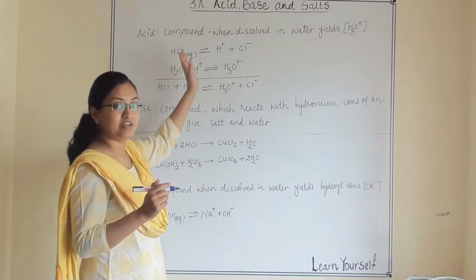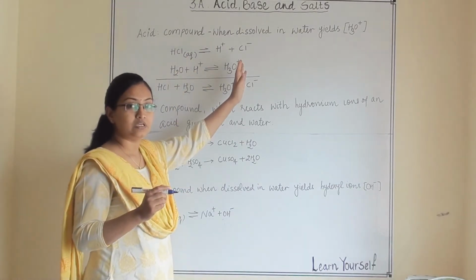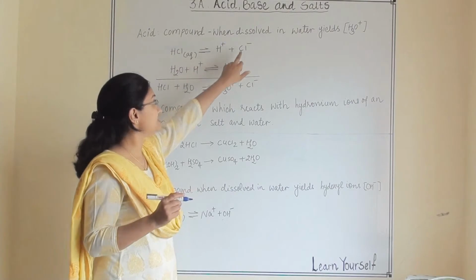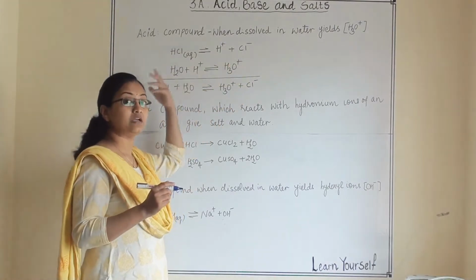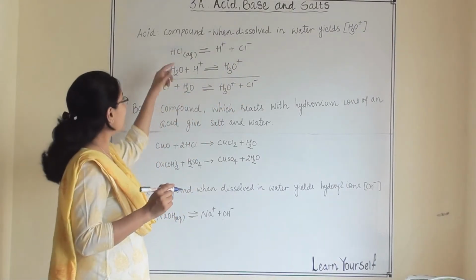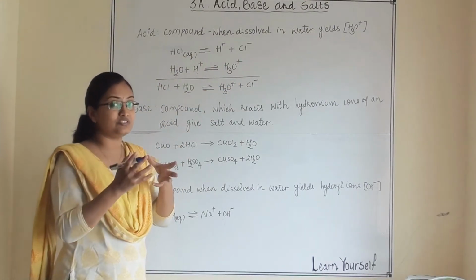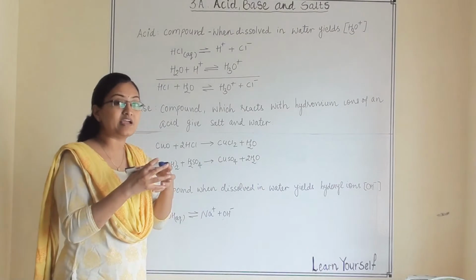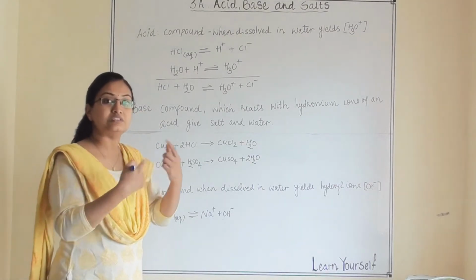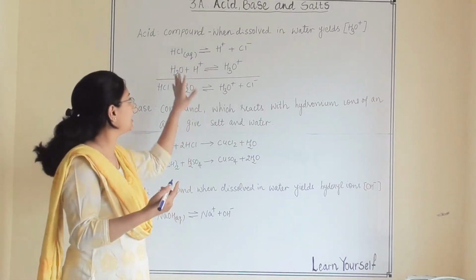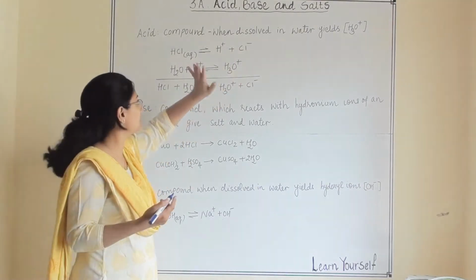From left to right it is possible, and after it gives H plus and Cl minus, it might come back also. It gives H plus and Cl minus, because they are oppositely charged, they'll react and form HCl. So this is a continuous reaction between HCl and H plus and Cl minus.